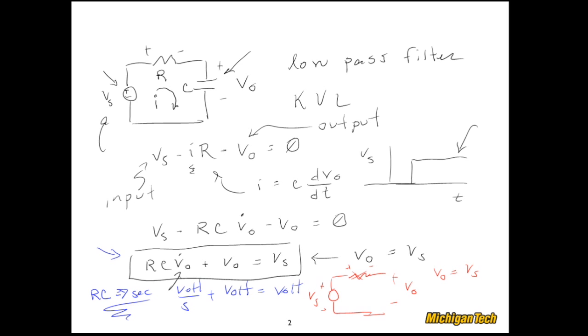Well, it turns out that RC has a very special name. We call it the time constant. And I'm running out of room, so I'll just write it up here. So RC is the time constant for that circuit.